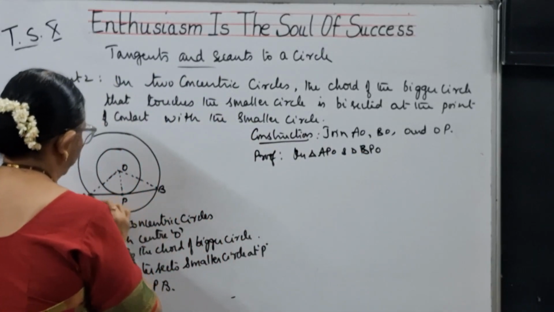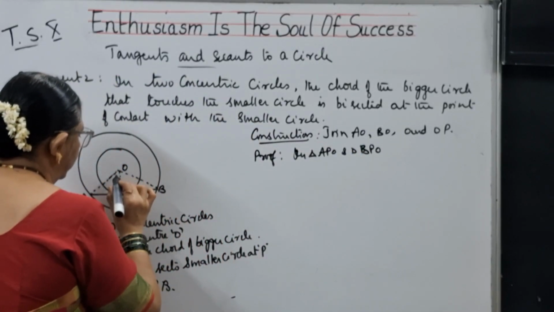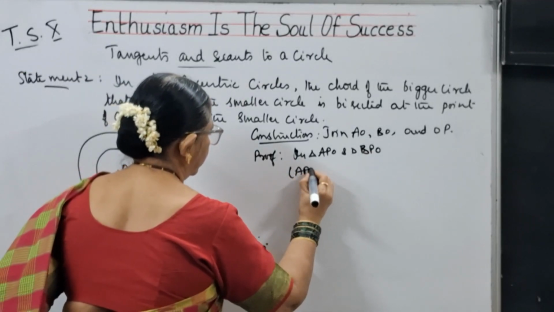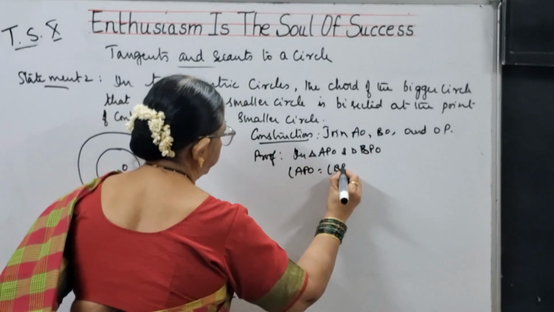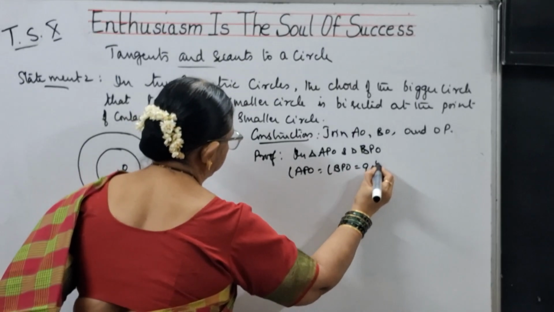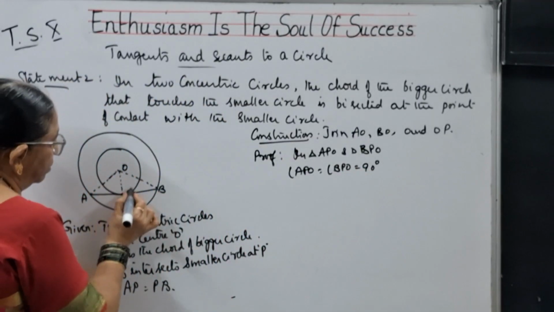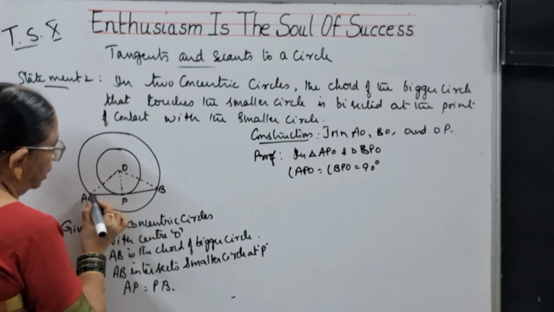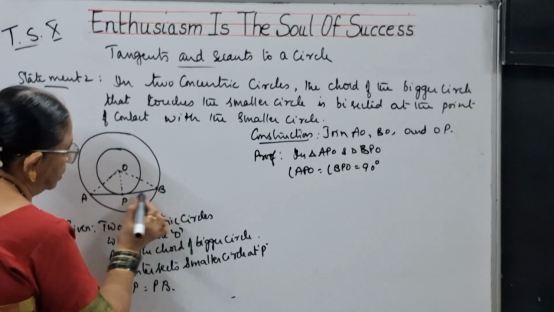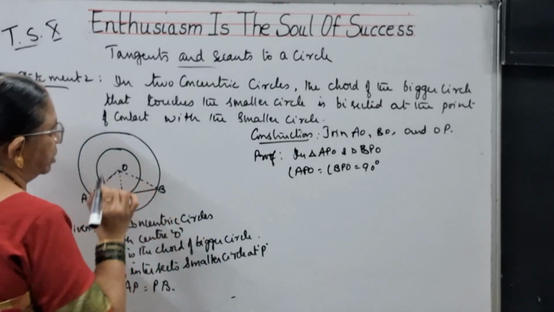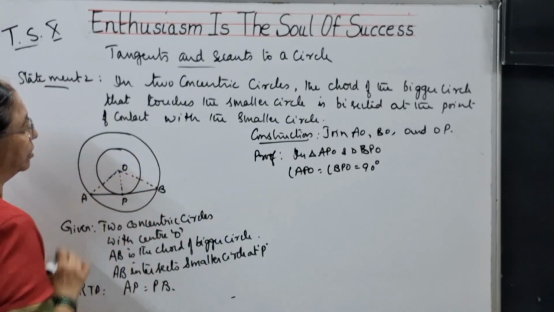In these two, see children, angle APO is equal to angle BPO is equal to 90 degrees. Why am I saying so? See children, this is the smaller circle and this is the line which is intersecting the circle at only one point. Then definitely AB becomes the tangent to the smaller circle.